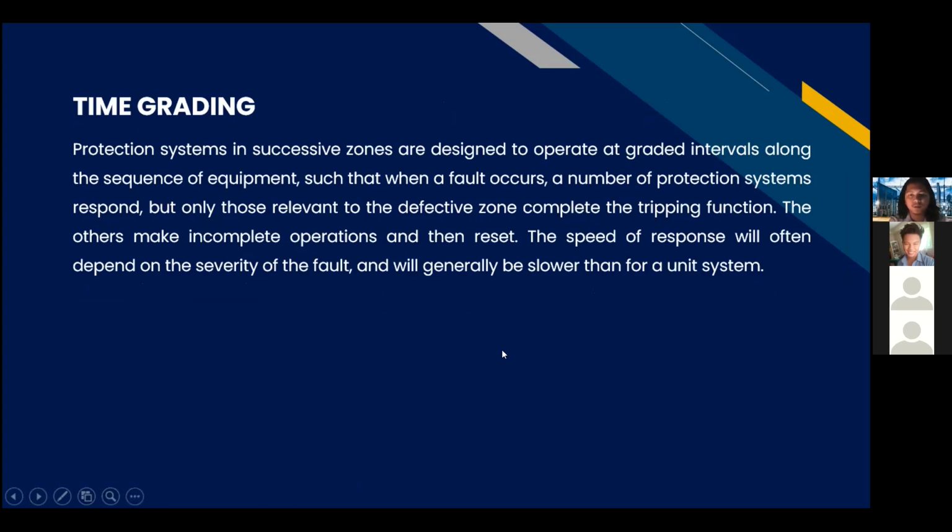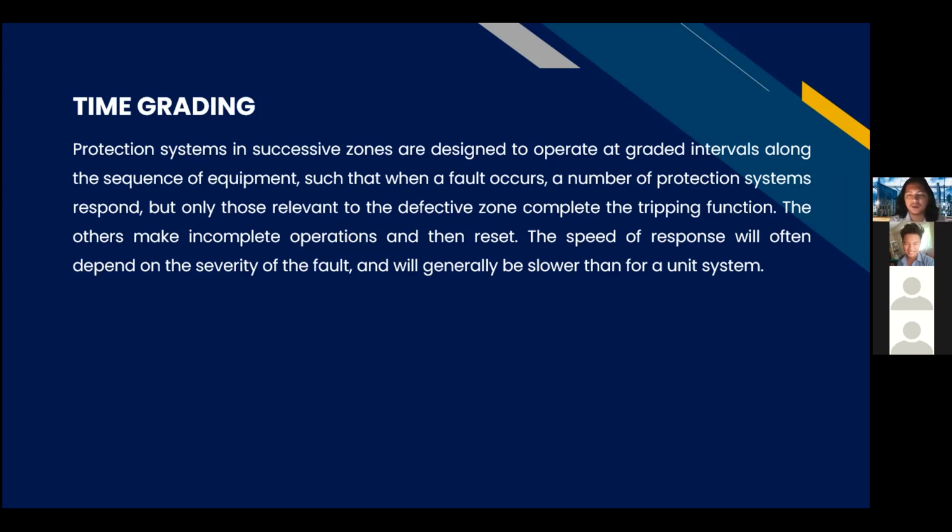The speed of response will often depend on the severity of the fault and will generally be slower than for a unit system. Just like in the previous discussion, the tripping times at this location are graded in such a way that the circuit breaker nearest the faulty part operates first, giving primary protection. The circuit breaker at the previous station operates only as a backup.